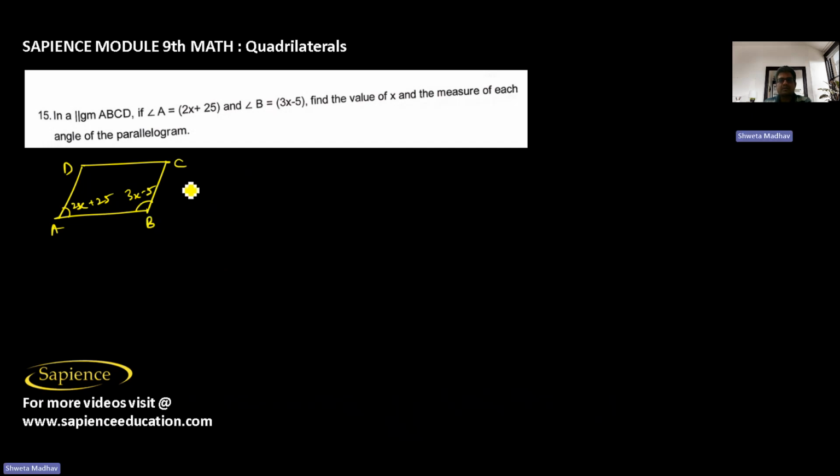Now angle A plus angle B is equal to 180 degrees. Angle A is 2x plus 25 and angle B is 3x minus 5, so that will be equal to 180 degrees.